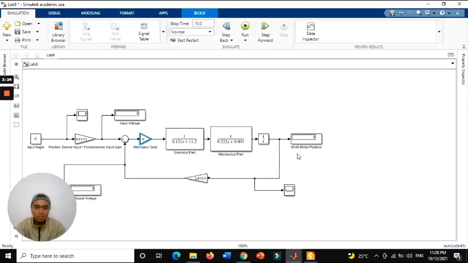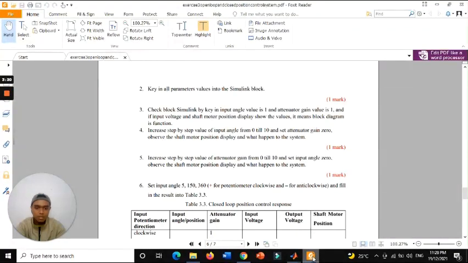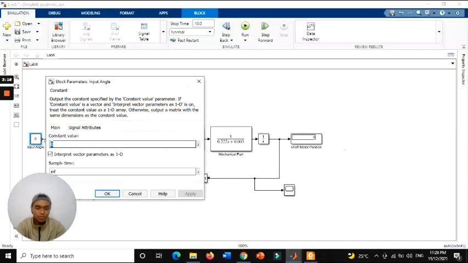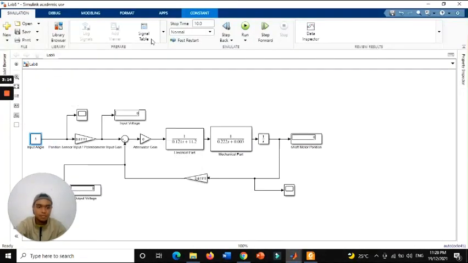So the result for shaft motor position is 0. Then we change to value 1, attenuator gain also 0. So the shaft motor position is also 0.